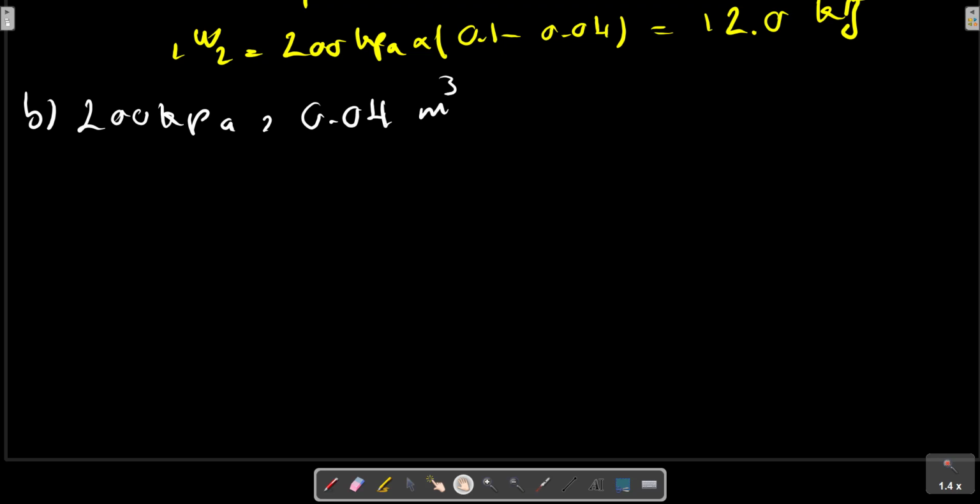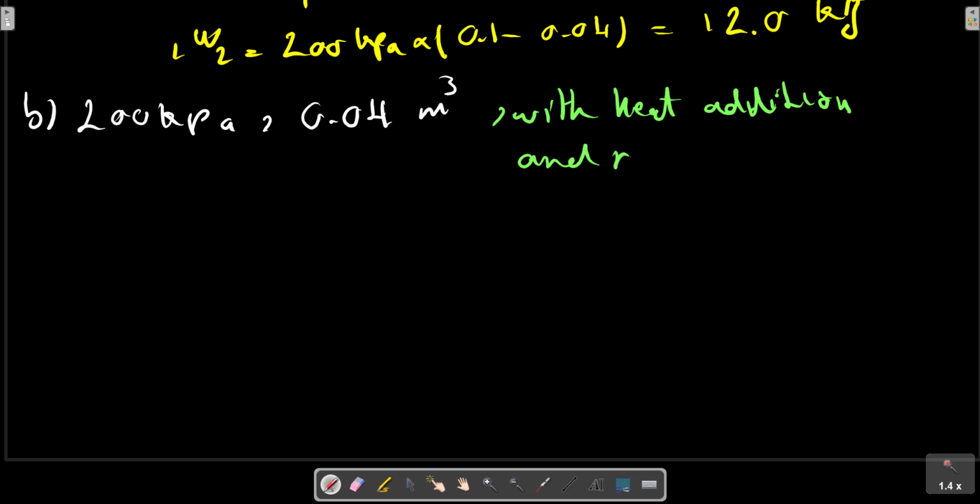So with heat addition and weight removal, T is constant. Calculate the work for this process.